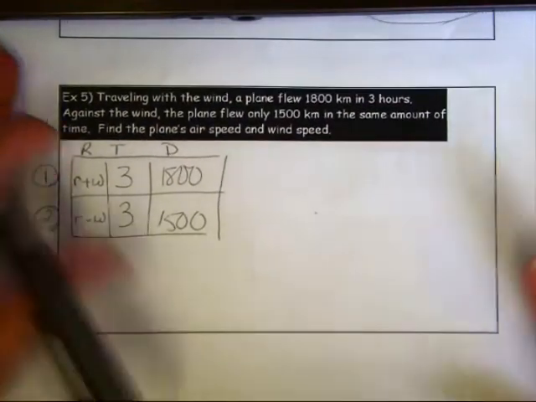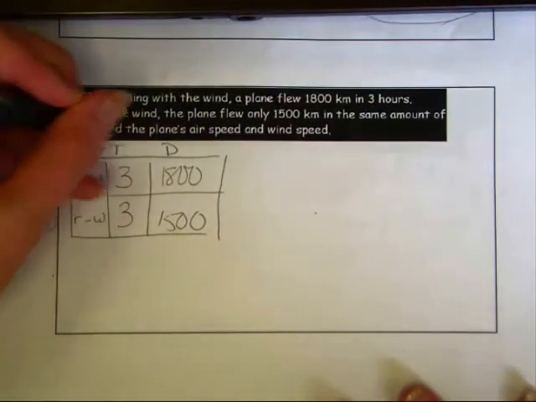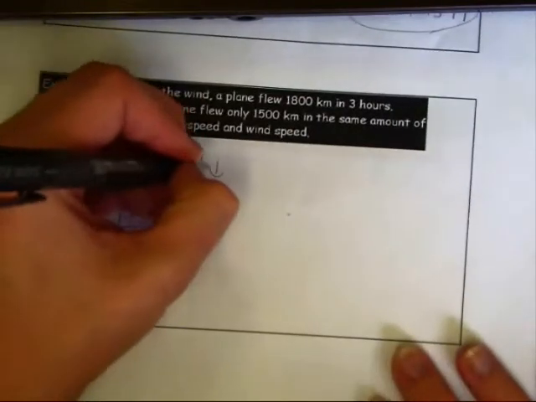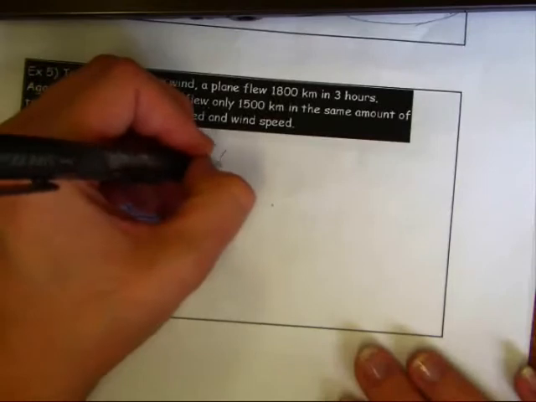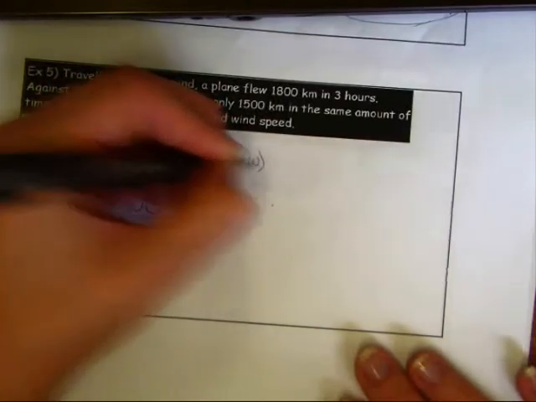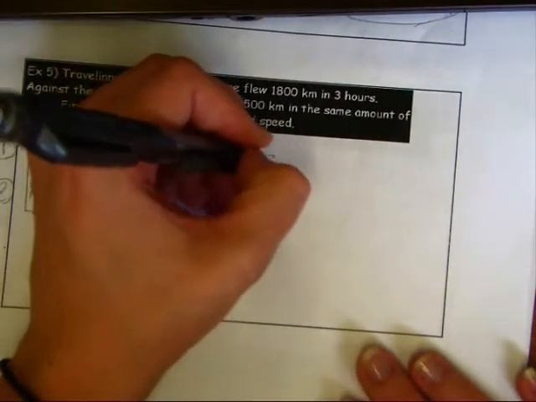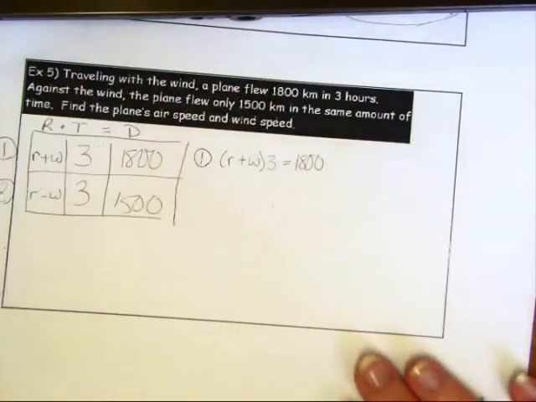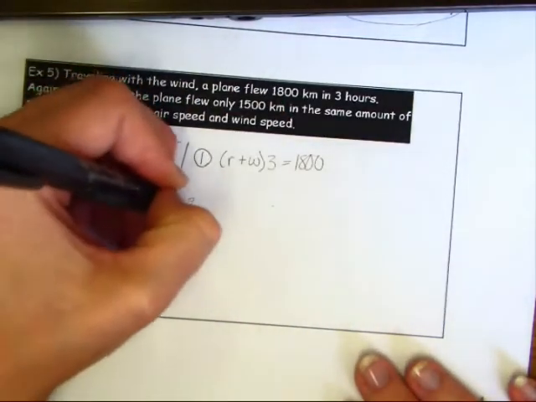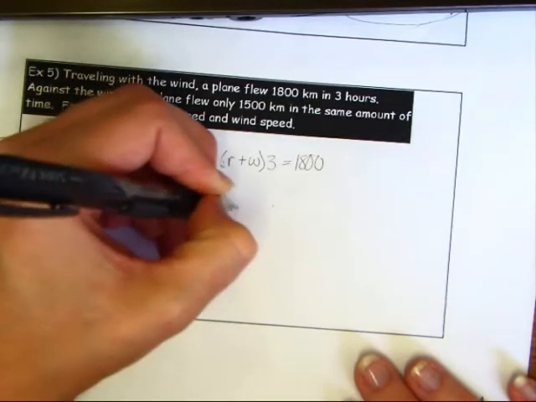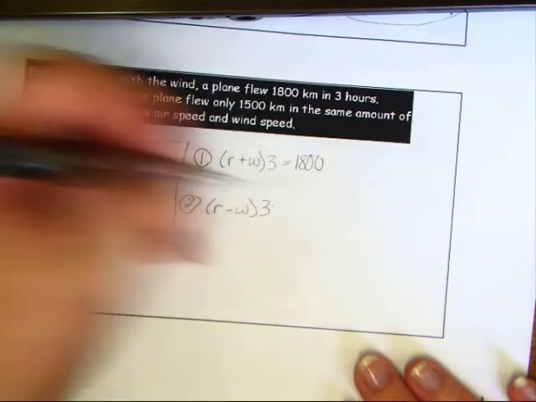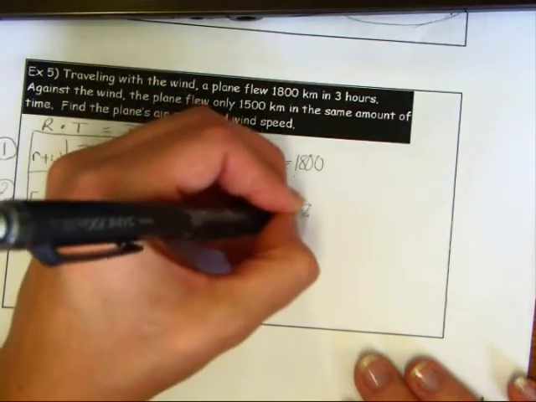Let's make two equations. Remember that the rate times the time is the distance. So equation number 1: the rate of r plus w times the time of 3 is the distance of 1800. The second equation is the rate of r minus w times the time of 3, and this time it only equals 1500.